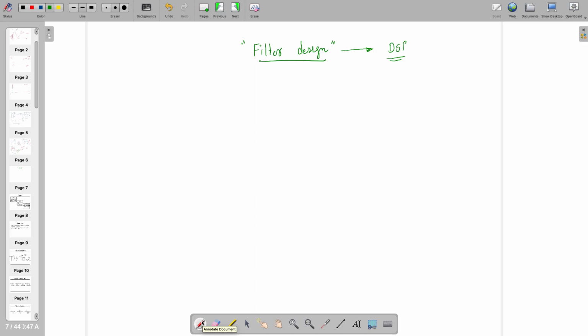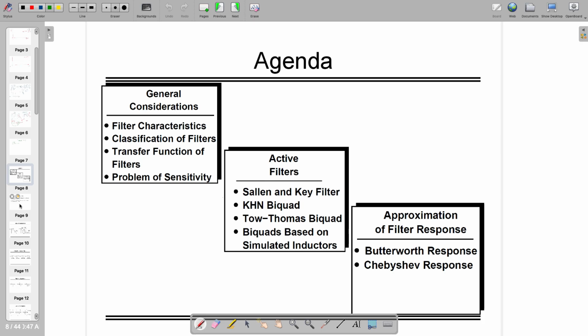So in filter design, I might use not only passive filters, but I'm going to use active also. When I'm saying active, I'm going to use an op amp. Generally, we need to understand the following things to understand the filter. You need to understand the filter characteristic.